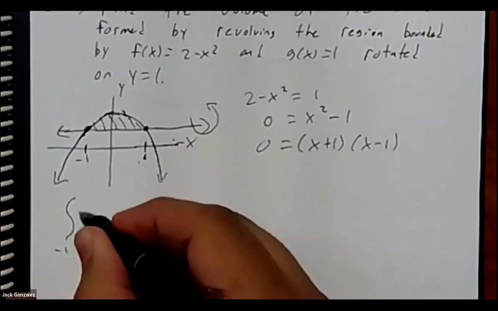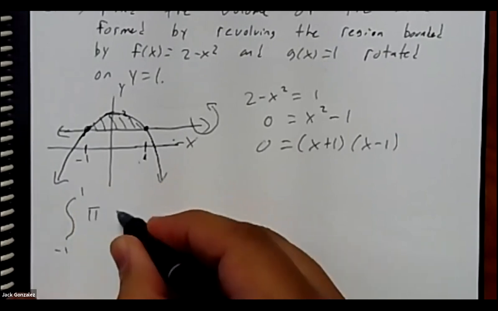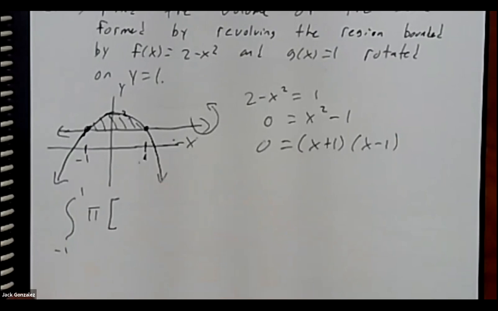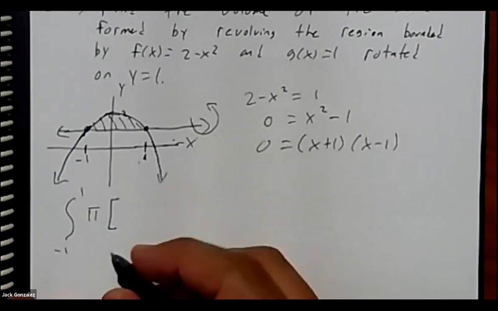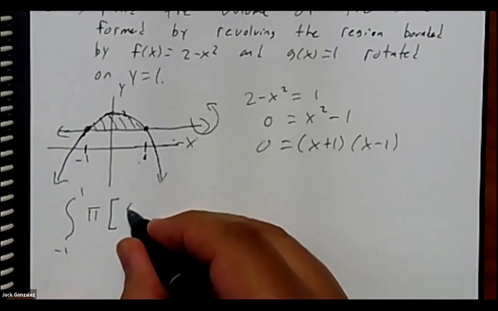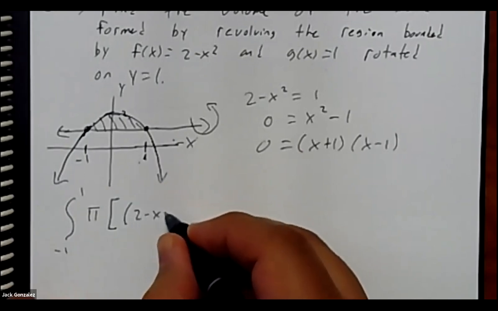It'll be -1 to 1, pi times the top, which is going to be 2 minus x squared, right?